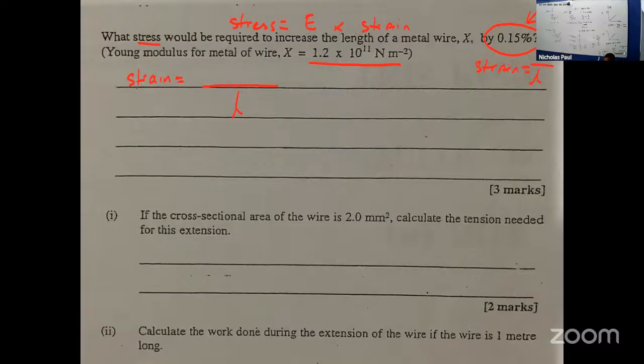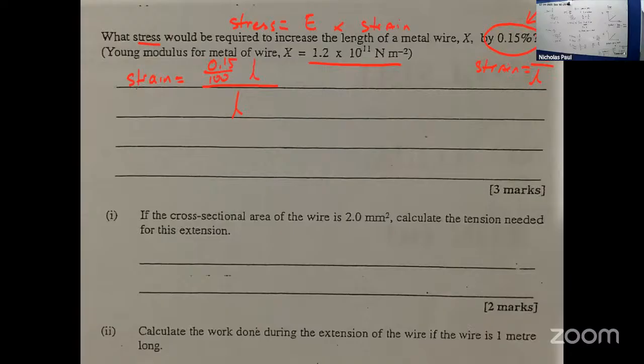This is the extension here. So in order to find the extension, it will be 0.15% of the original length.